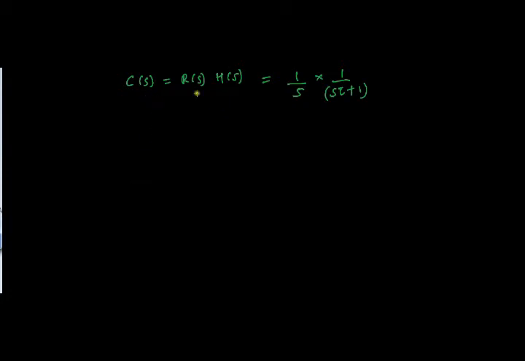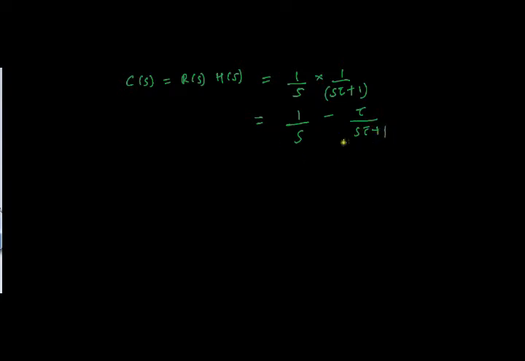C(s) is equal to R(s) into H(s). R(s) is the input, which is the unit step function, and H(s) is the transfer function of the control system, so C(s) equals 1 by s into 1 upon s tau plus 1. So we need to simplify this. It can be written as 1 upon s minus tau upon s tau plus 1.